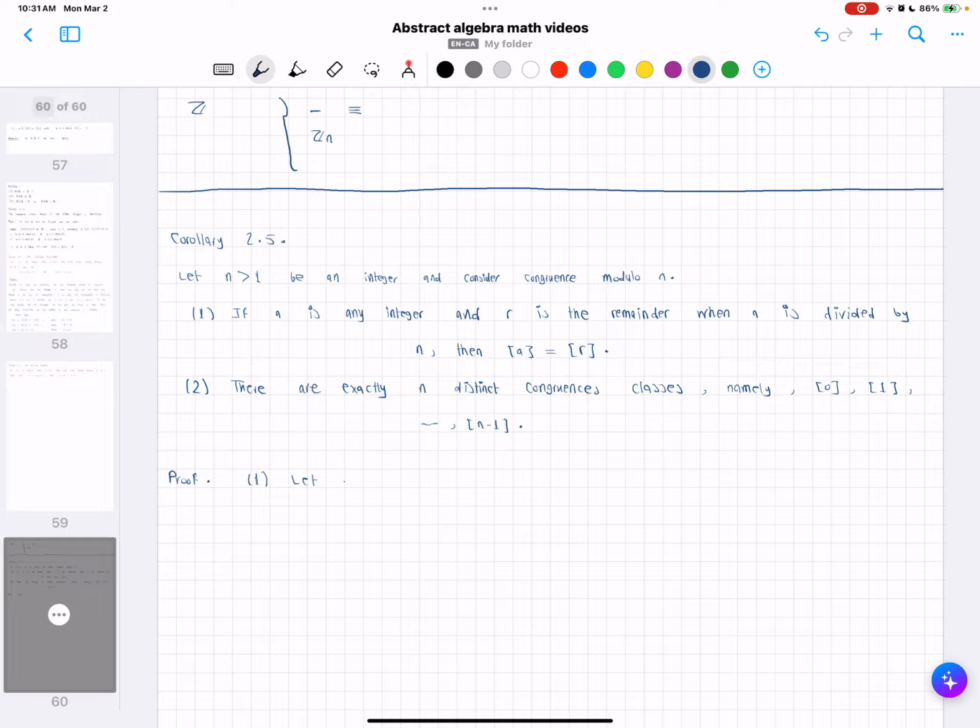So let a belong to Z, apply the division algorithm to a by dividing a by n.